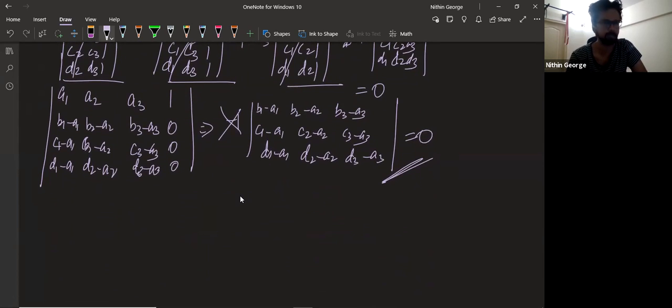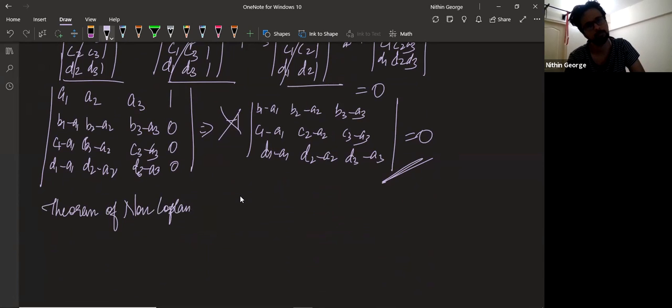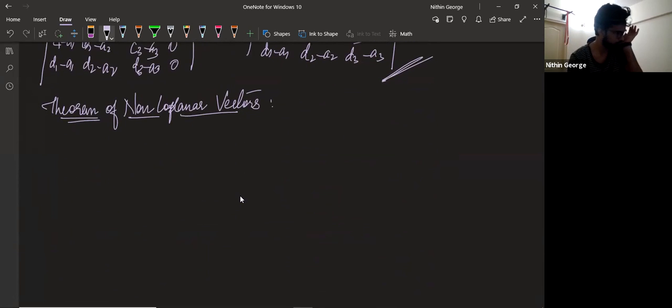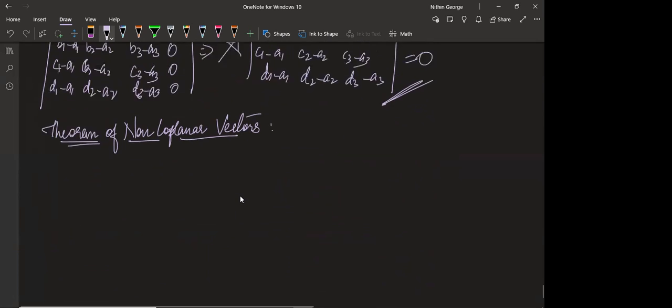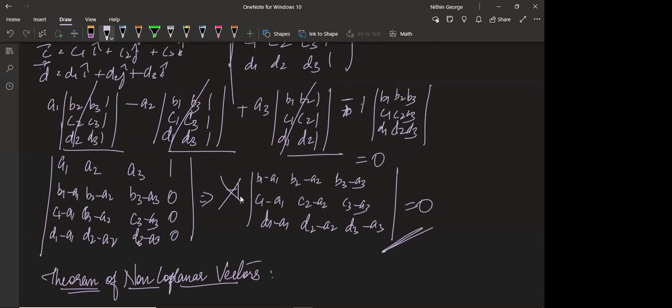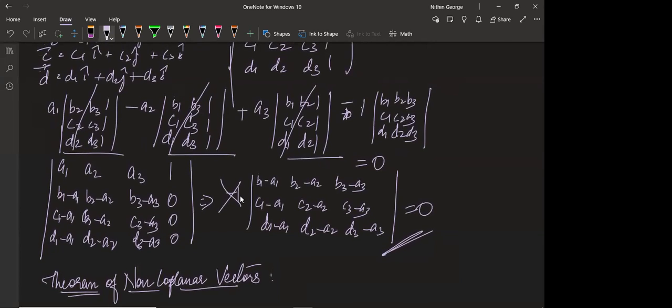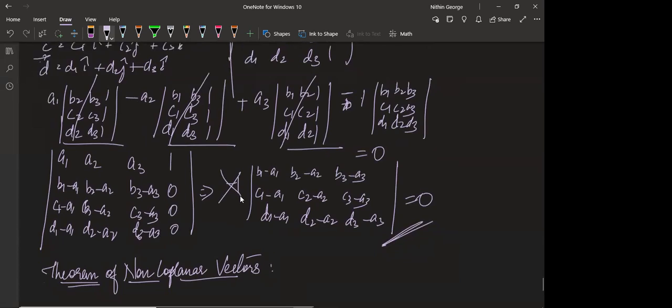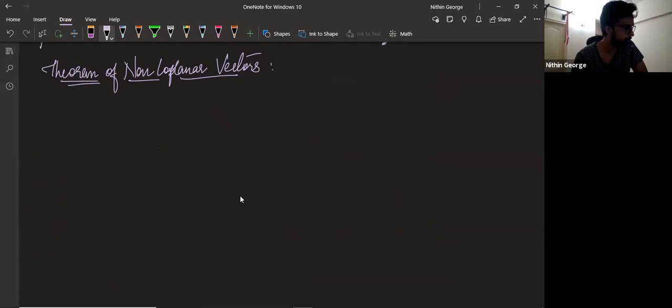Theorem of non-coplanar vectors. Can you scroll up for 1 second? Now get ready to write notes.